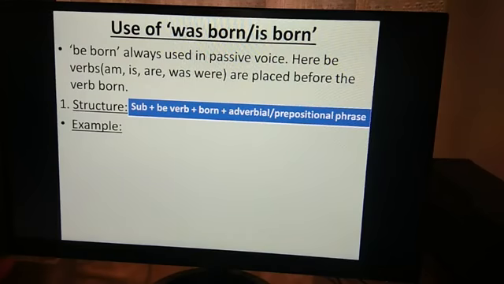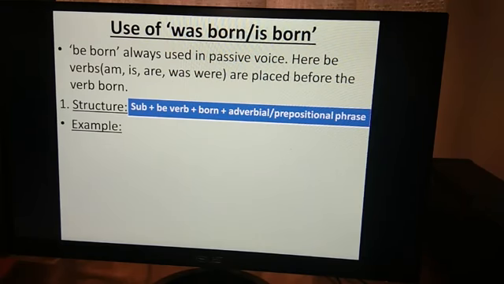Here we start with the phrase was born or is born, how it is used. Be born is always used in passive voice. Here verbs am, is, are, was, were are placed before the verb born.